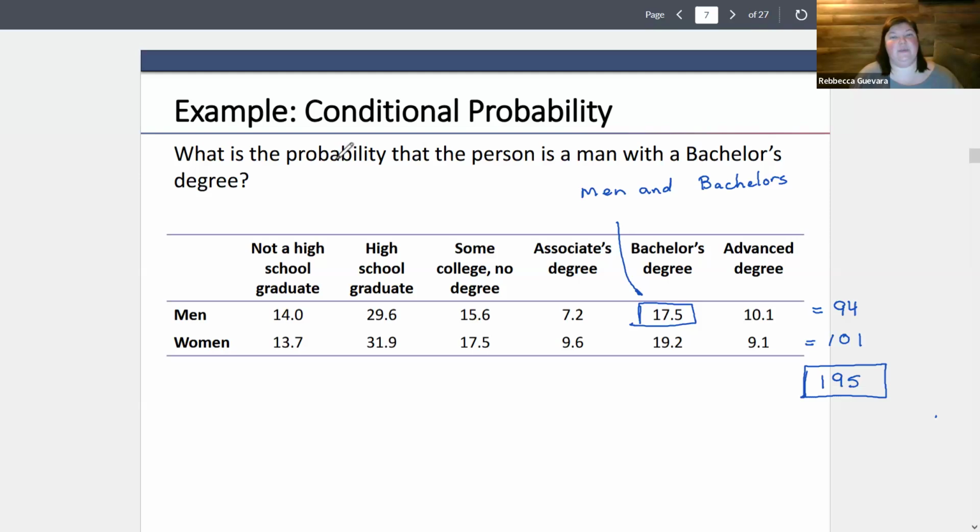So what this probability is asking me, if I'm looking for a man with a bachelor's degree, I am looking for a man and they have a bachelor's. So that probability is I have 17.5 out of my total of 195 people in my study.